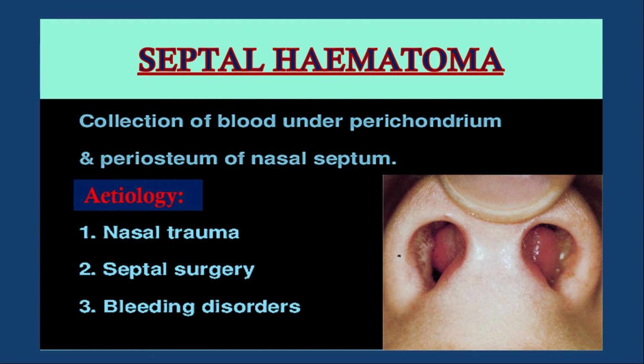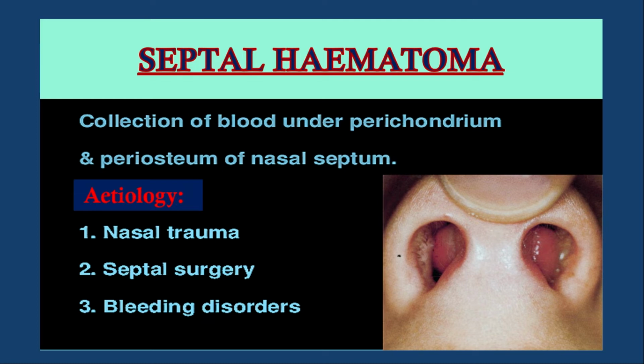Now we come to a specific complication, septal hematoma. It's a collection of blood under the perichondrium and periosteum of the nasal septum. Its etiology is usually nasal trauma, be it a fall or a road traffic accident, or it could be due to septal surgery like septoplasty or SMR.